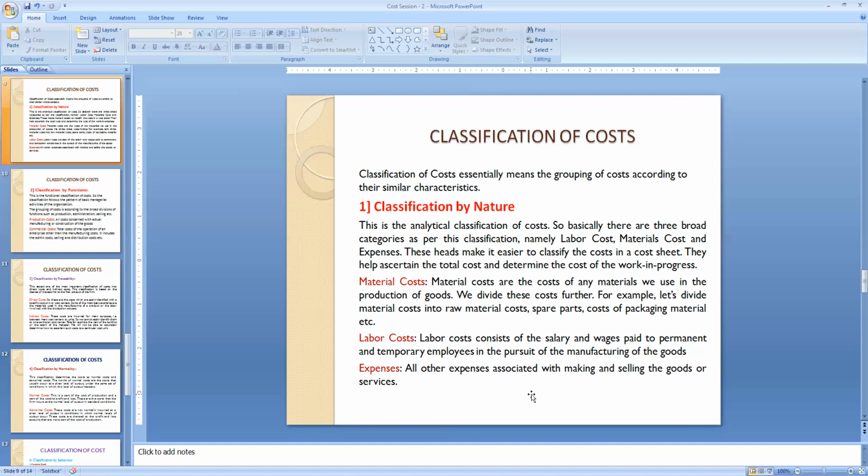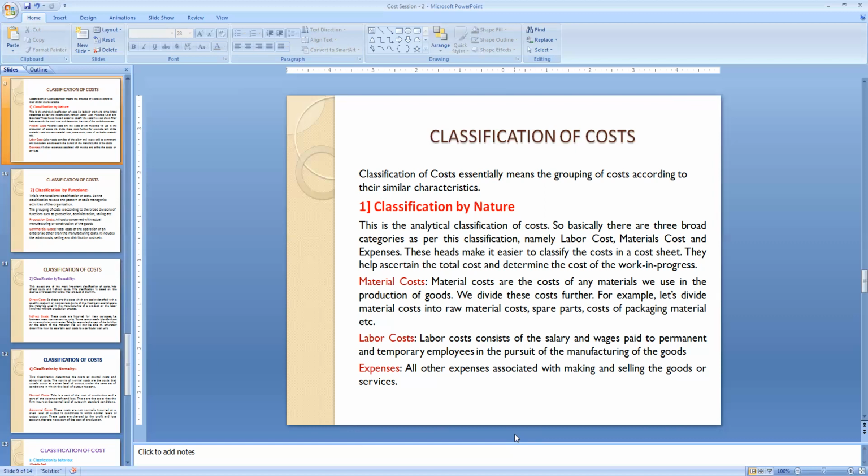Those expenses which are neither direct material cost nor direct wages, but are directly identifiable with a job, process or operation. These direct expenses can also be called chargeable expenses, prime cost expenses or process cost expenses, where these expenses are incurred while the job or contract is in the process of execution, right?